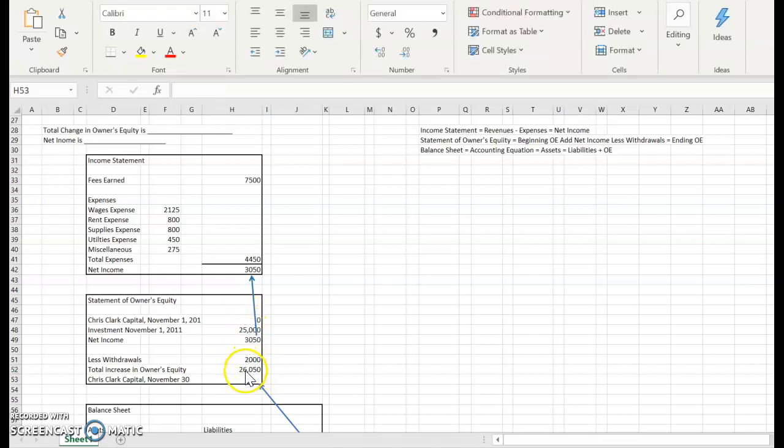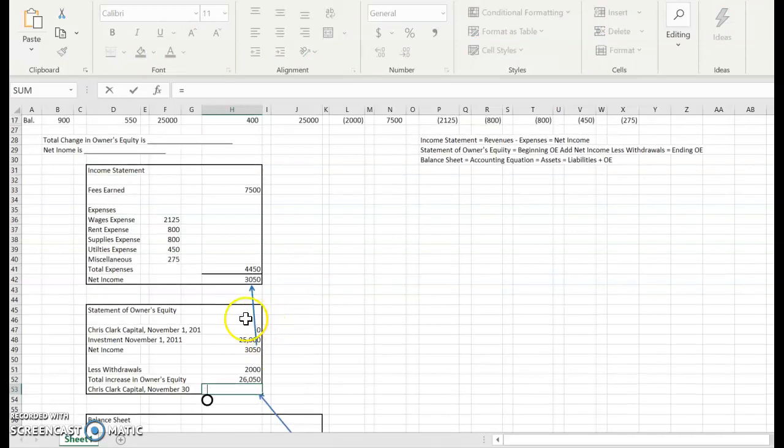You may have to fix that in your formula sheet. And then your ending capital is going to be your beginning capital plus your change, which is an increase.